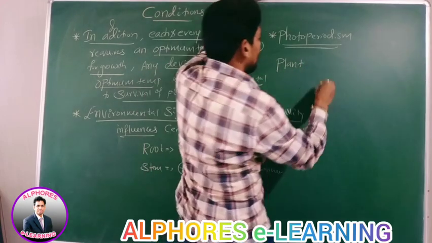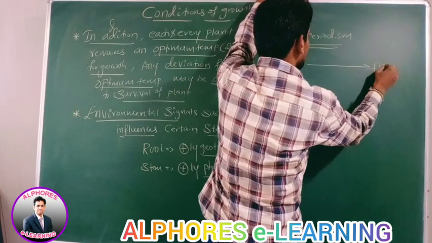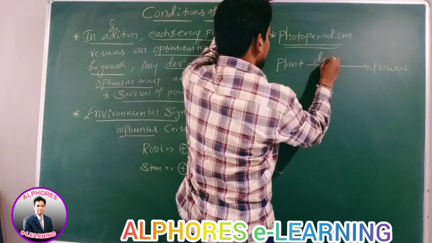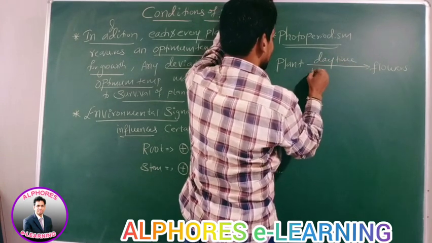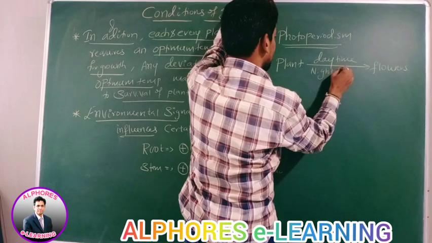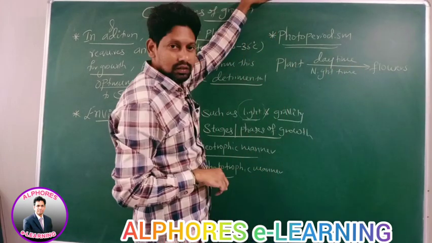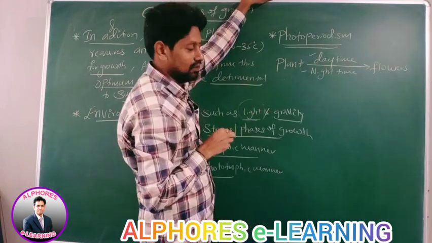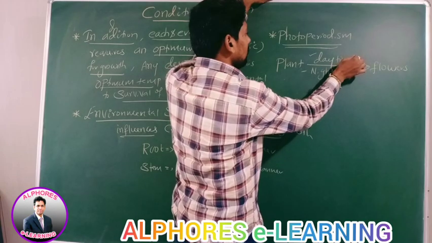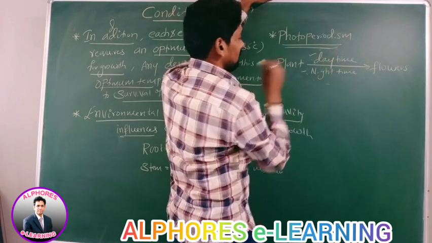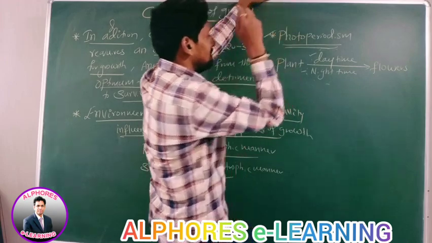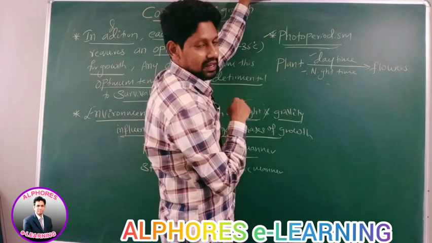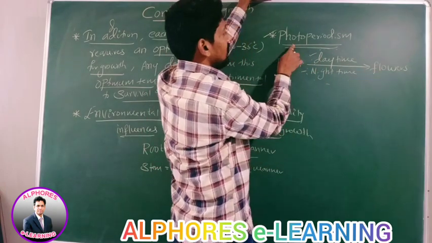If this plant wants to produce flowers, this plant requires daytime as well as night time. Is it okay? The relative influence of daytime and night time on flowering of a plant is called photoperiodism.